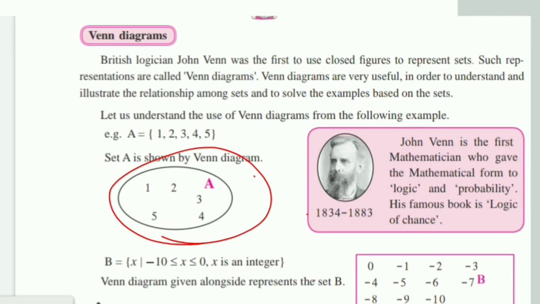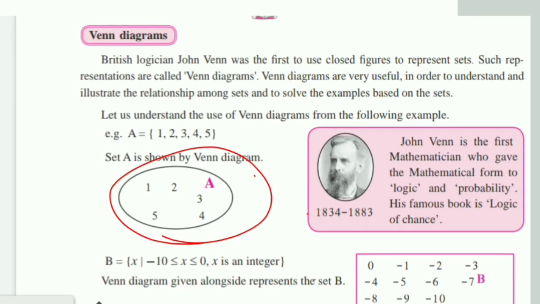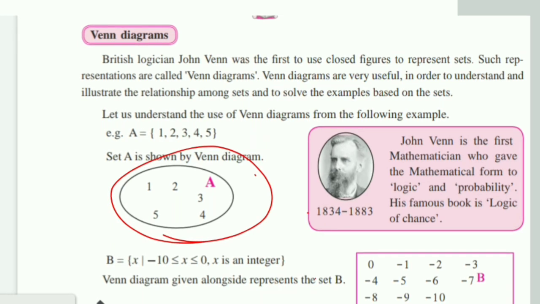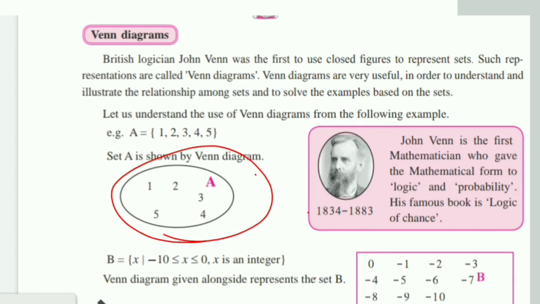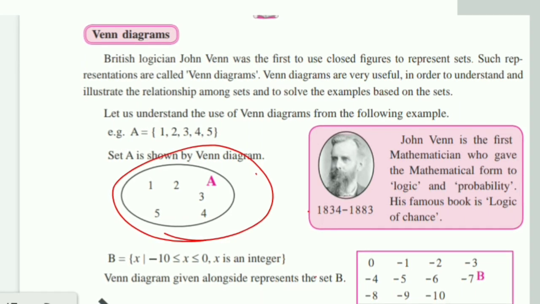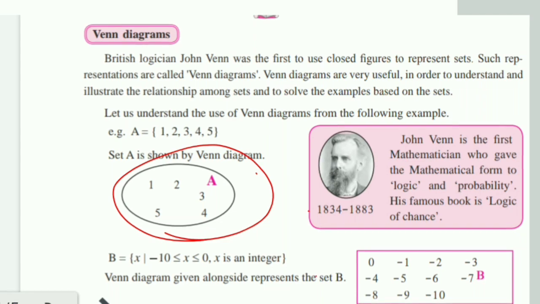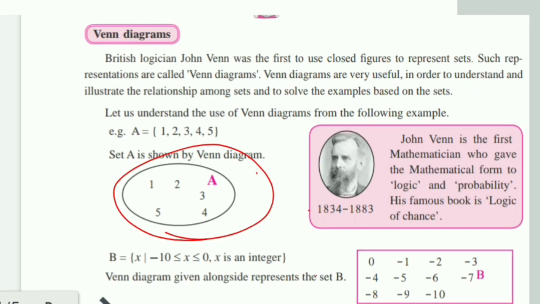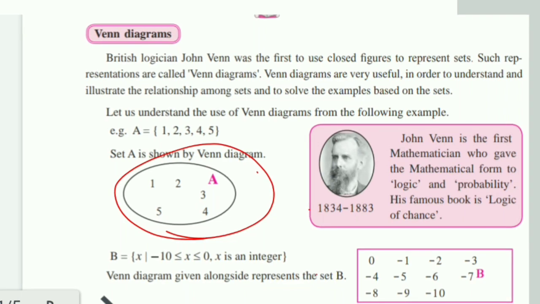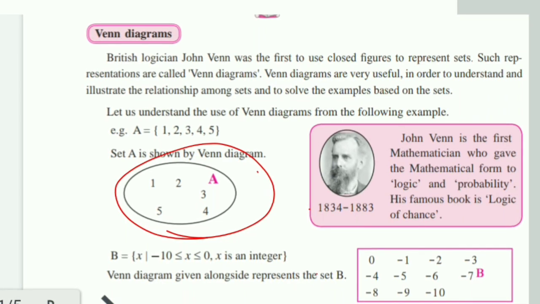Another example is B equal to x such that minus 10 is less than or equal to x is less than 0 and x is an integer. So the Venn diagram given alongside represents the set B. This is B, the set of integers such that x is greater than or equal to minus 10 and less than 0.